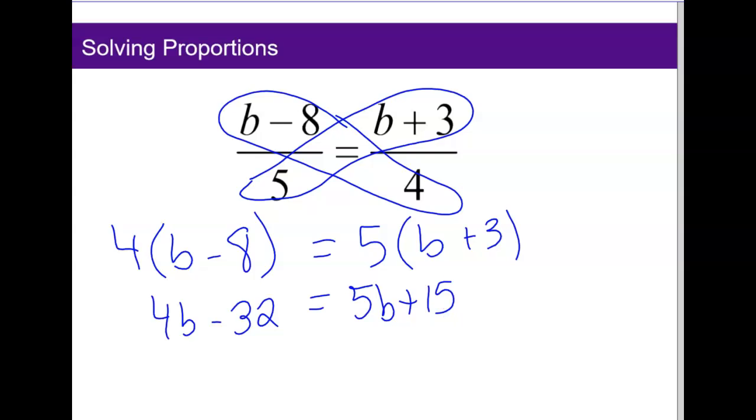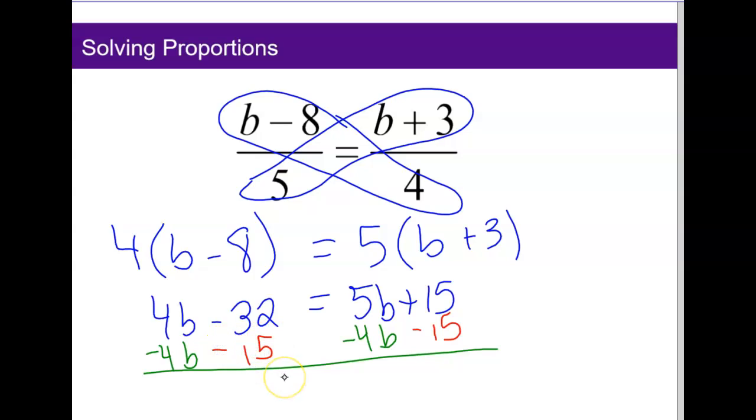I want to isolate my variable, so I'm going to subtract 4b on this side so I can keep that coefficient positive. Then I'm going to subtract 15 from the left side to get the variable term all by itself. Well, what do I find out here? I find out that negative 32 minus 15, that's negative 47. And that's going to be equal to b. So what does that mean?